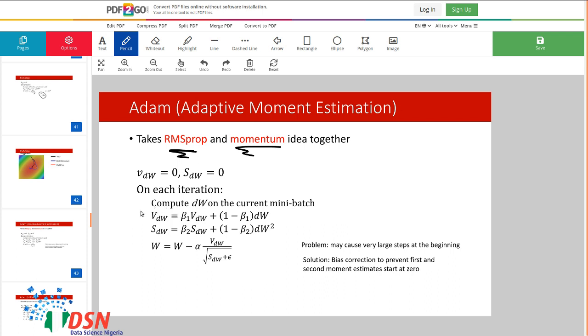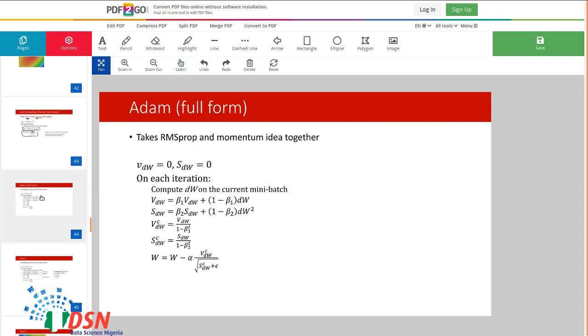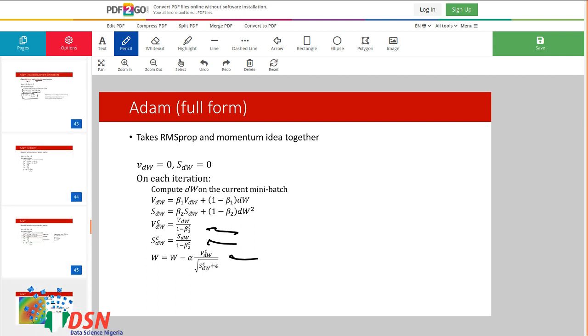We just need to calculate both the momentum and the S of dW. Then we adjust the weights based on the momentums and scale them. Okay, and again, because of the problems of biases that we talked about, we use a bias-corrected version of them. Okay, so this is Adam.